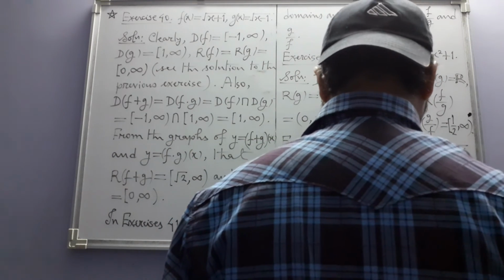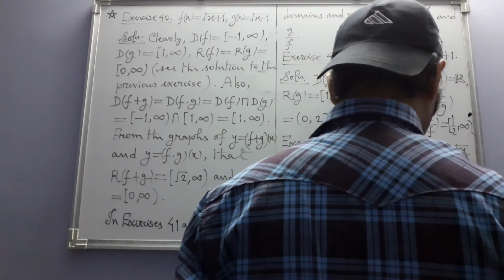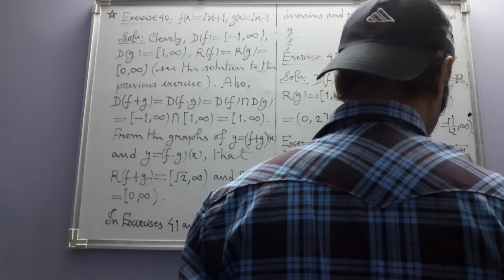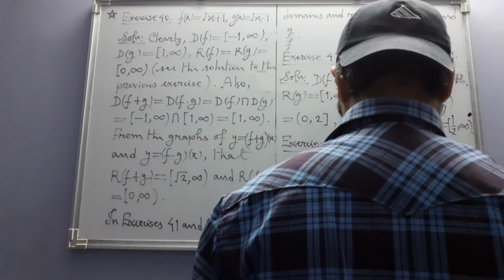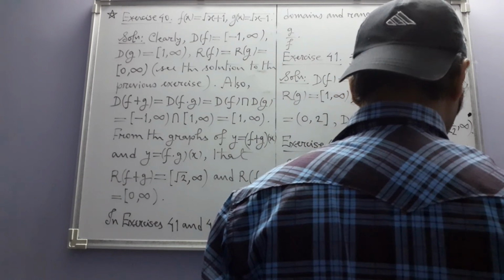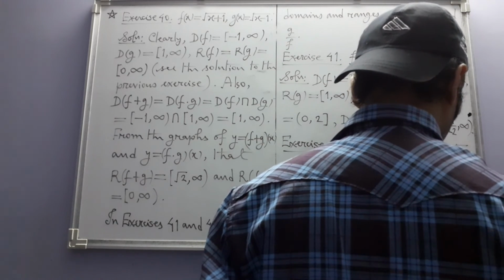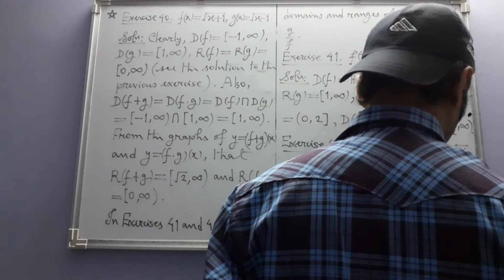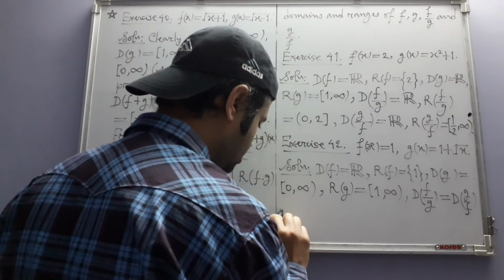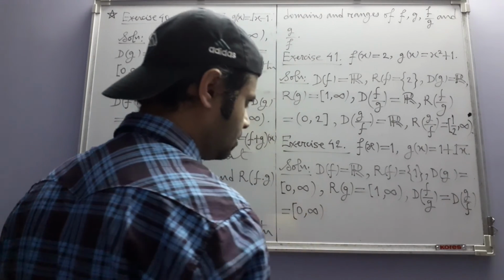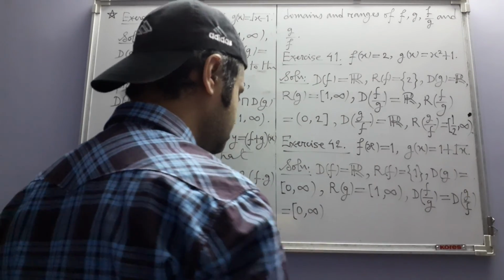Okay, then domain of f by g is the same as the domain of g by f. And these domains are also equal to 0 comma infinity because of the presence of this.